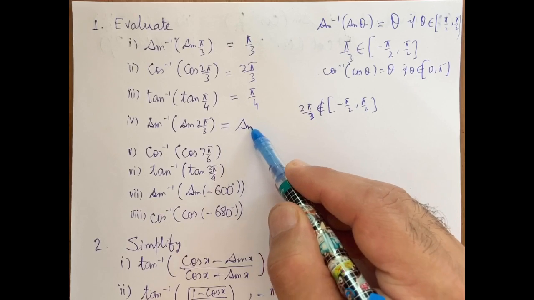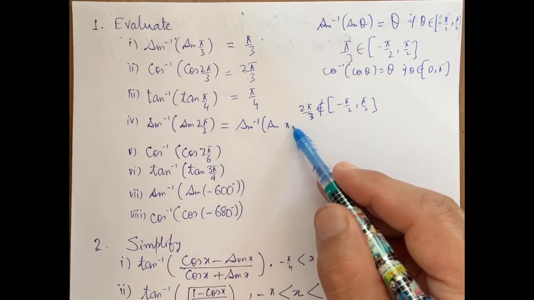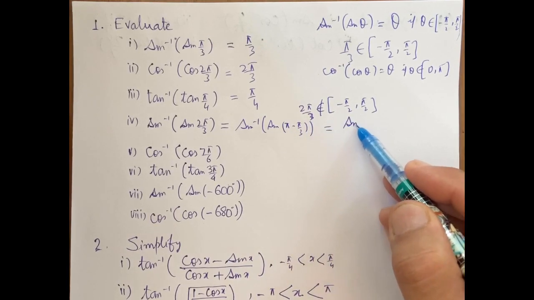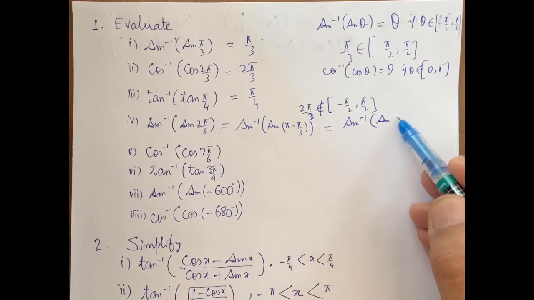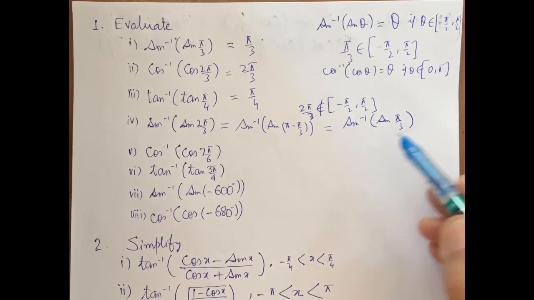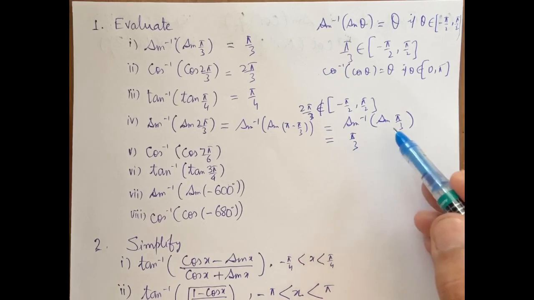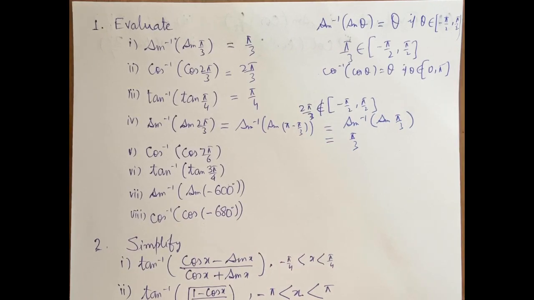This can be written sine inverse of sine of 2 pi by 3 is pi minus pi by 3. Sine of pi minus theta is sine theta. This is sine of pi by 3. So, this is equal to pi by 3 because pi by 3 belongs to the interval from minus pi by 2 to plus pi by 2.